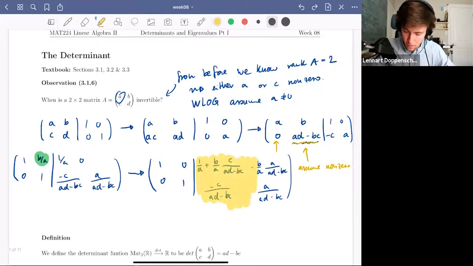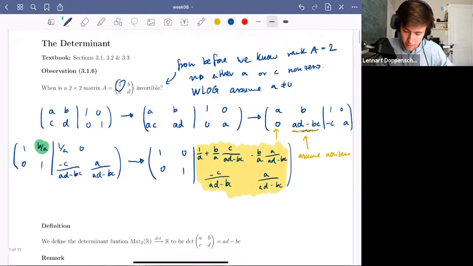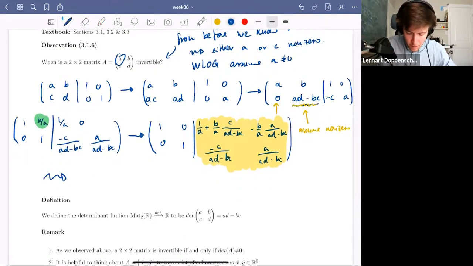This whole 2x2 matrix will be the inverse. Now we can clean this up a little bit and simplify.